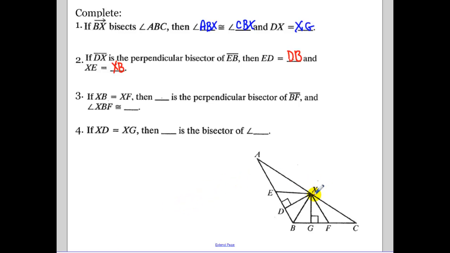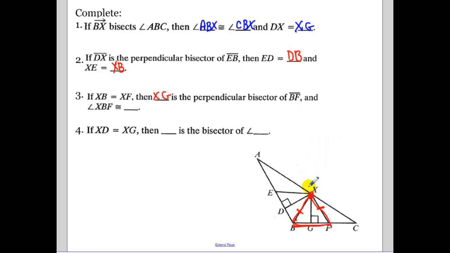Okay, if XB is equal to XF, so I have two segments that are equidistant from the endpoints of segment BF, then XG is going to be our perpendicular bisector, because X is on segment XG.